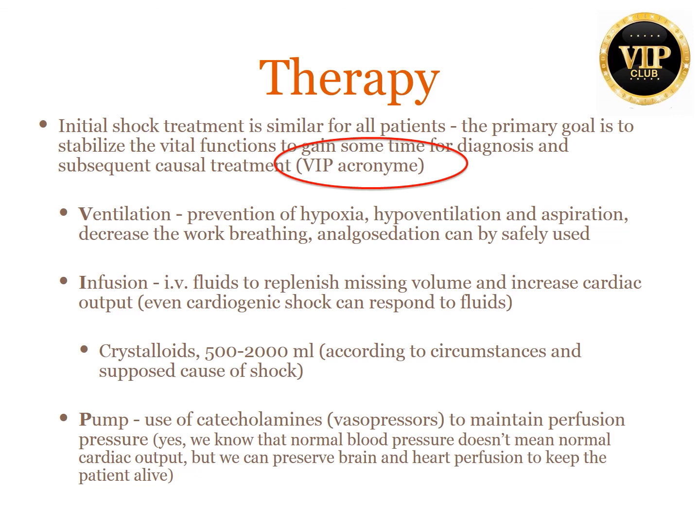It's true that even cardiogenic shock can respond to fluids in the early stages. And P for pump. Use vasopressors and catecholamines early to maintain perfusion pressure. Yes, it's true that normal blood pressure doesn't mean normal cardiac output, but we can preserve brain and heart perfusion to keep the patients alive.